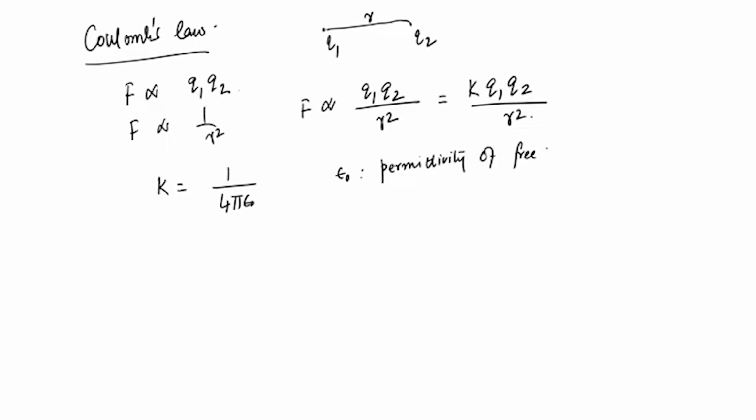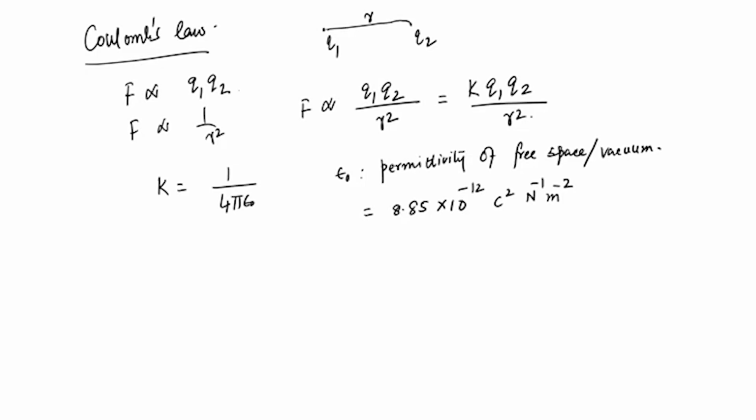We say free space or vacuum, they mean the same thing. This epsilon 0 has a value of 8.85 times 10 to the power minus 12 coulomb square newton inverse meter to the power minus 2.